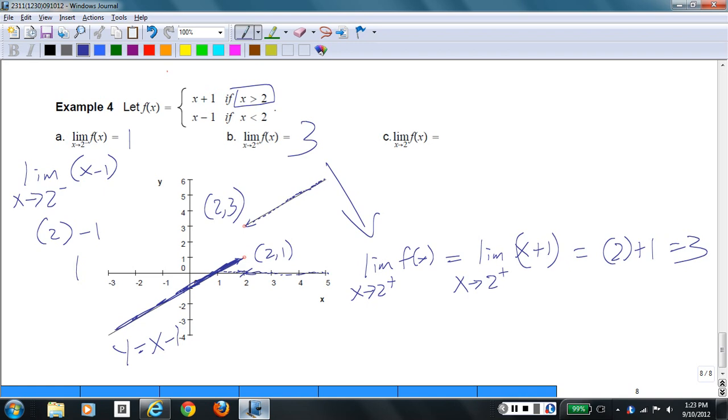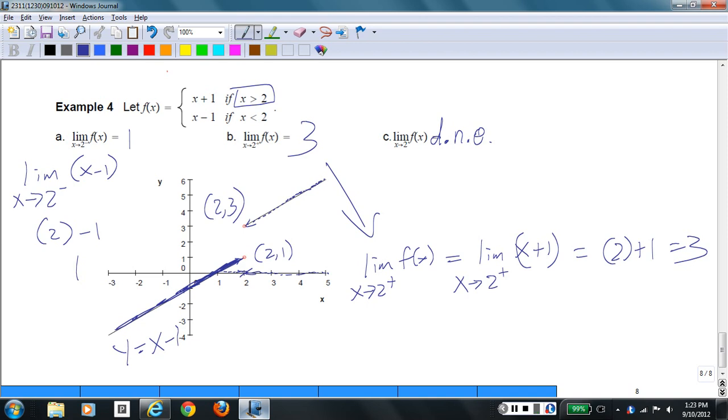You almost have to say it depends. It depends on whether we approach from the left or whether we approach from the right. And for limits, we have to give a definitive answer. It has to be approaching a single number, and this one is not. So this limit does not exist. Does not exist. Capital D and E, I don't know why I went with lowercase d and e there. This limit does not exist.